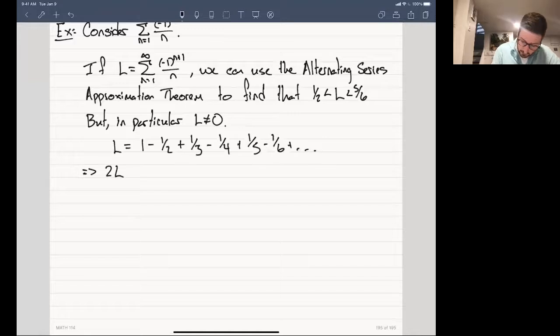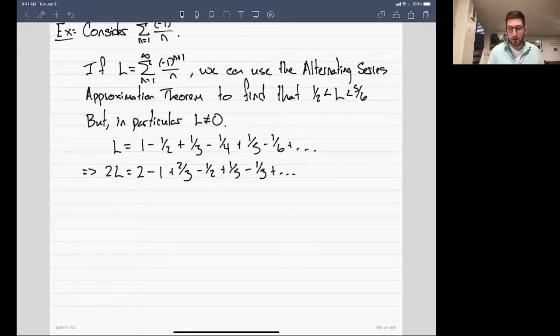So 2L has to be equal to 2 minus 1 plus 2/3 minus 1/2 plus 1/5 minus 1/3, and so on and so forth.